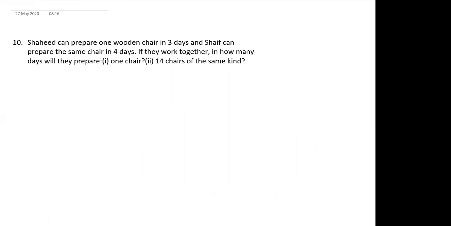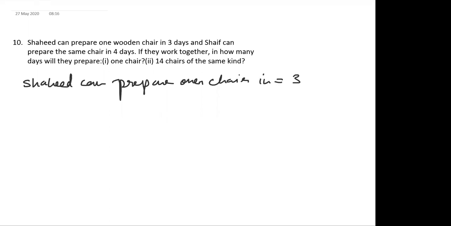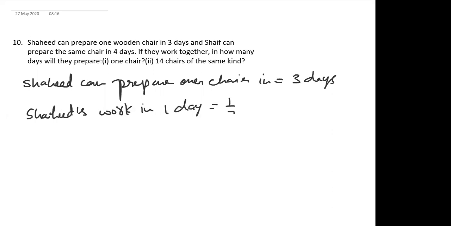Shahid can prepare one wooden chair in 3 days, and Chef can prepare the same chair in 4 days. So Shahid can prepare one chair in 3 days, so you can say Shahid's work in 1 day is equal to 1 upon 3.